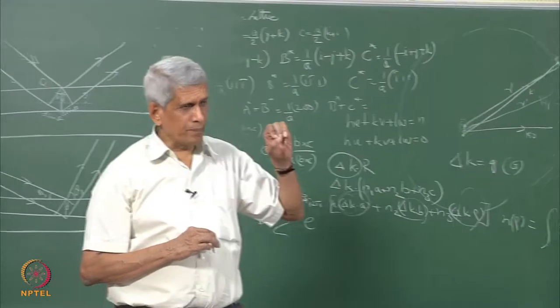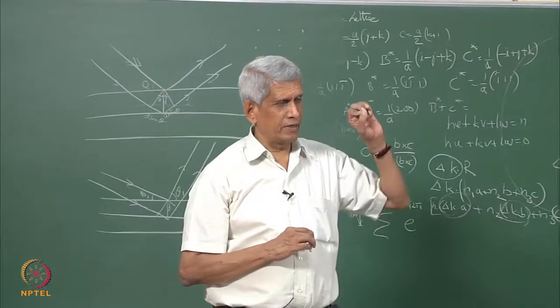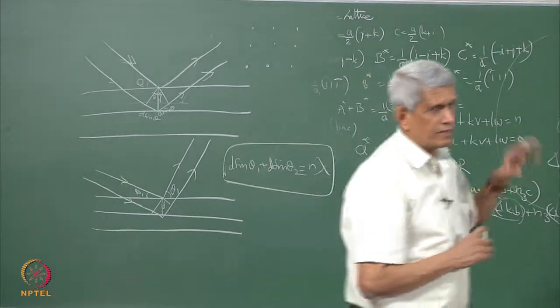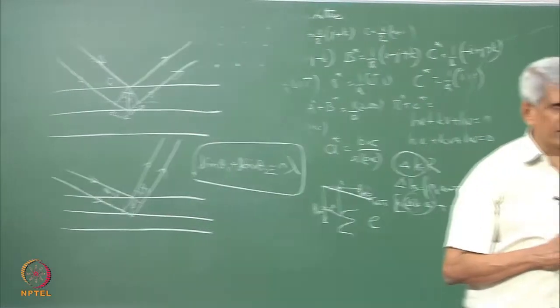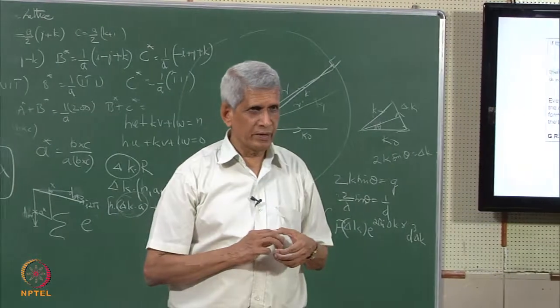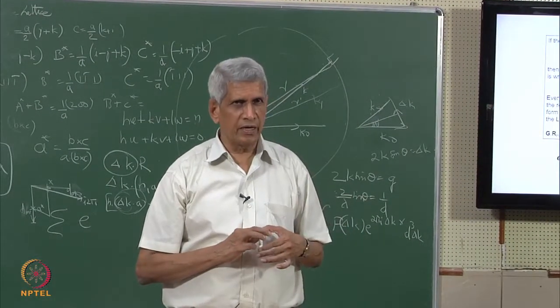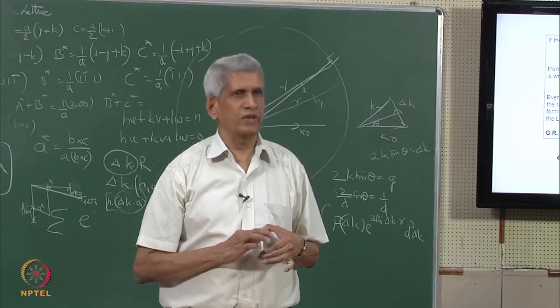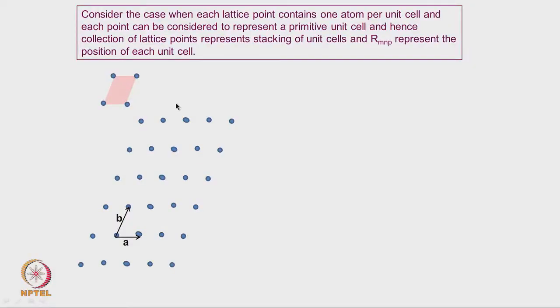Whenever delta k, the difference between the incident wave vector and the diffracted wave vector, equals the reciprocal lattice vector, the Bragg condition is satisfied. So, essentially what we have done today is find a relationship between the reciprocal lattice and the diffraction phenomena.